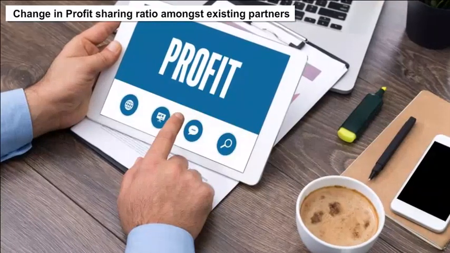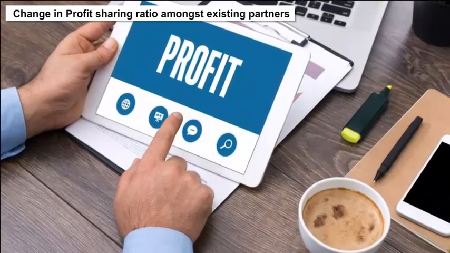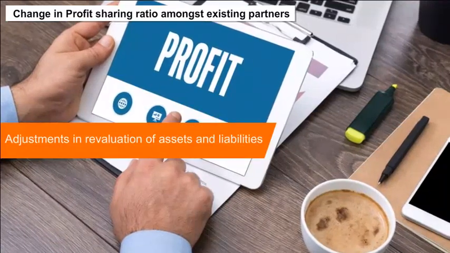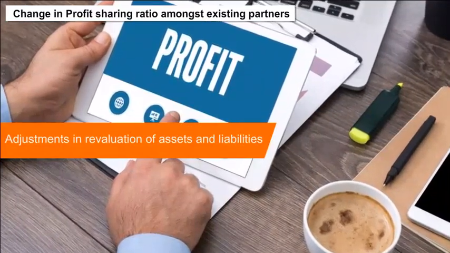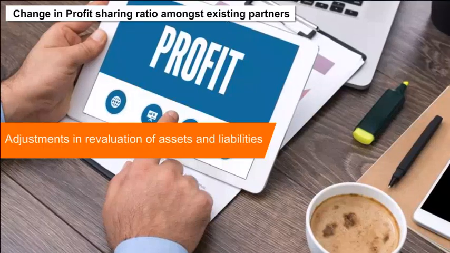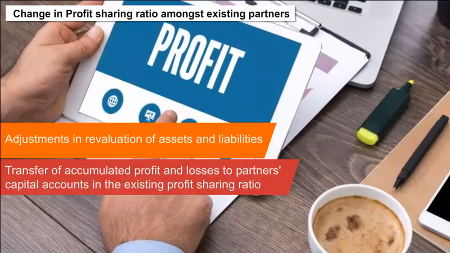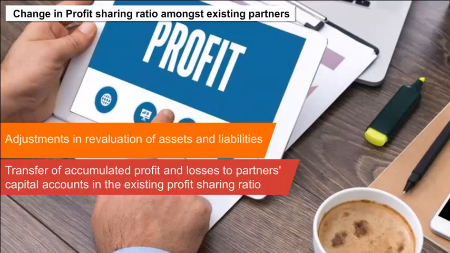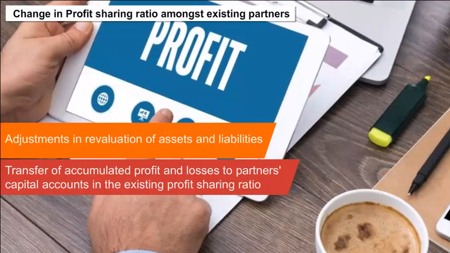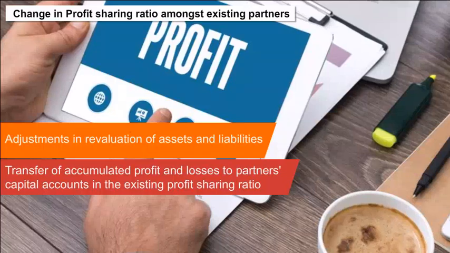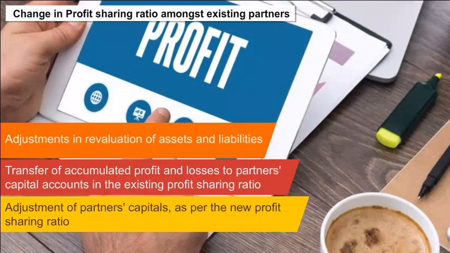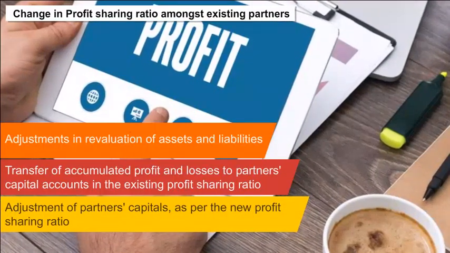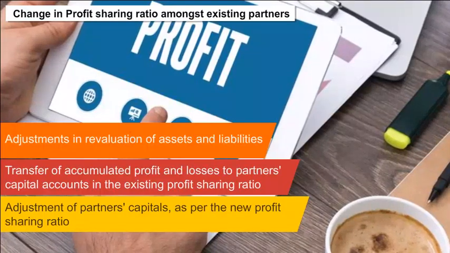Any change in the profit-sharing ratio involves adjustments in revaluation of assets and liabilities, transfer of accumulated profits and losses to partners' capital accounts in the existing profit-sharing ratio, and adjustment of partners' capitals as per the new profit-sharing ratio.